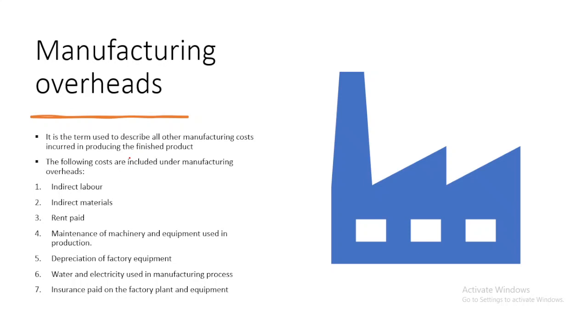Manufacturing overhead are those types of costs that we incur that cannot be fully traced to one specific product, but we can trace the full cost to the total number of units produced and then transfer it to the per product cost. Take electricity cost. Most of the time we cannot calculate electricity cost directly to one product, but what we know is that we are going to have electricity consumption.